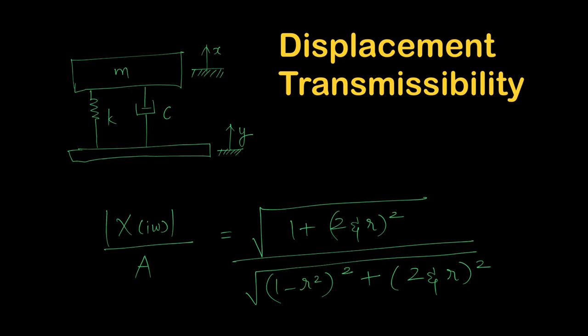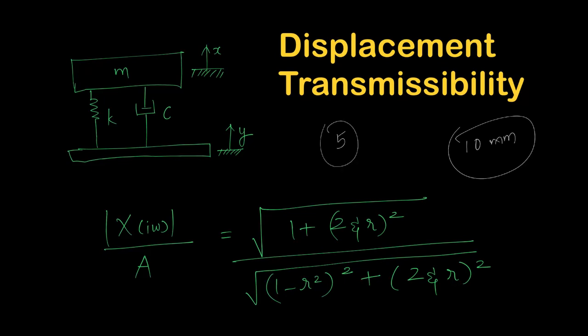For the sake of explanation, let's take an example. Let's say in that jet engine example, my jet engine is having a vibration with an amplitude of, for example, let's say 10 mm. So your jet engine is vibrating with an amplitude of 10 mm, and let's say my displacement transmissibility is 5.